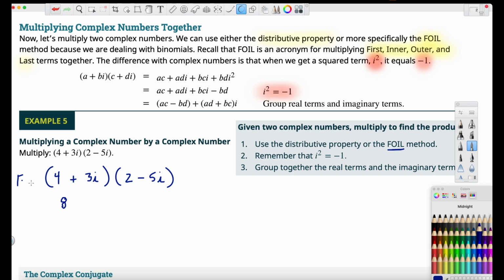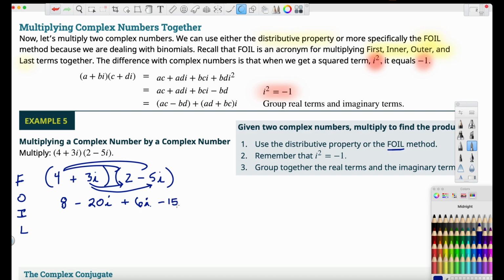So in example 5 here, I'm going to take these two binomials, I'm going to FOIL them, and I'm going to group my like terms together, and anywhere where I see i squared, we're going to substitute in -1.